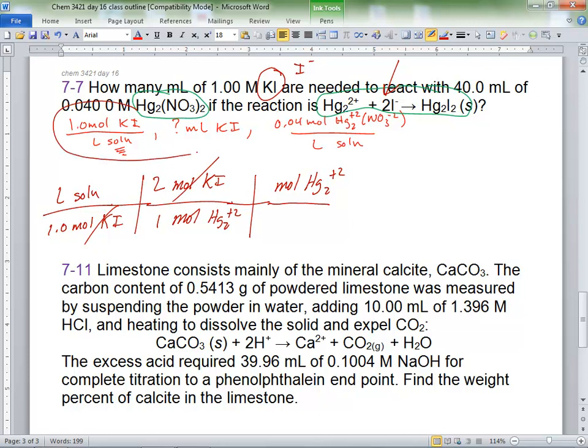Don't forget these guys. All right, this is the one we're messing with, right? So on the bottom would be liters of solution. So we'll have the 0.04 on top and the liters of solution. It looks weird, doesn't it? Liters of solution on top and bottom. Looks like they all cancel. But remember, these are different solutions.